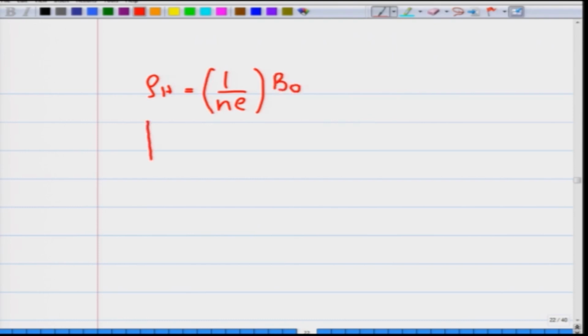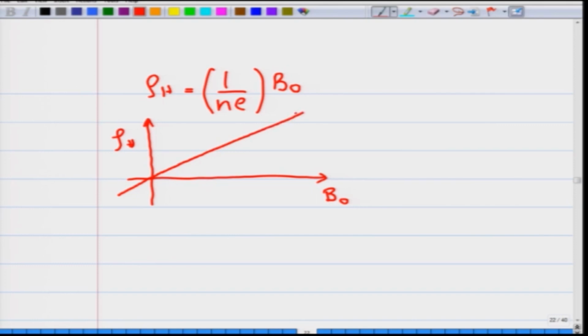If you plot the Hall resistivity as a function of magnetic field, this expression shows that it is going to be a straight line, where the slope of this straight line is going to be 1 over Ne.